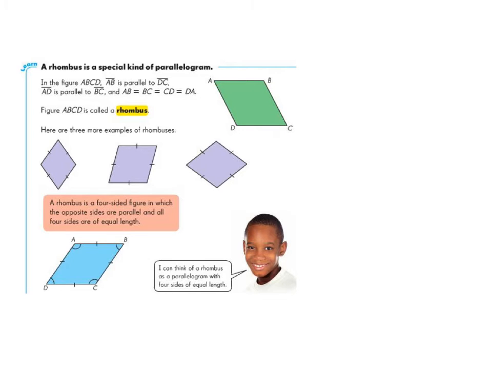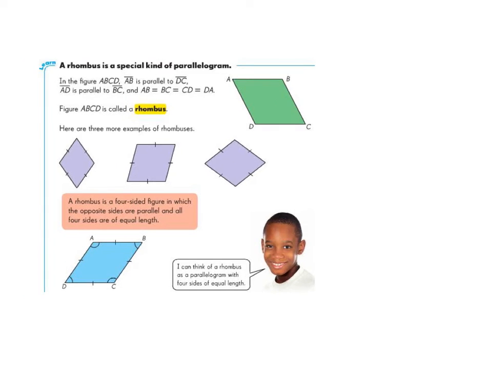Now, a rhombus is a parallelogram, meaning that it is a quadrilateral with opposite sides parallel. But not only is a rhombus that, it's a special parallelogram in that all the sides of a rhombus are equal in length. Okay, and that's what these hash marks mean.